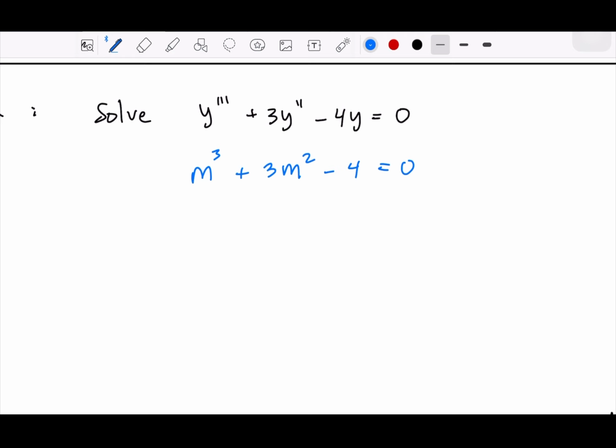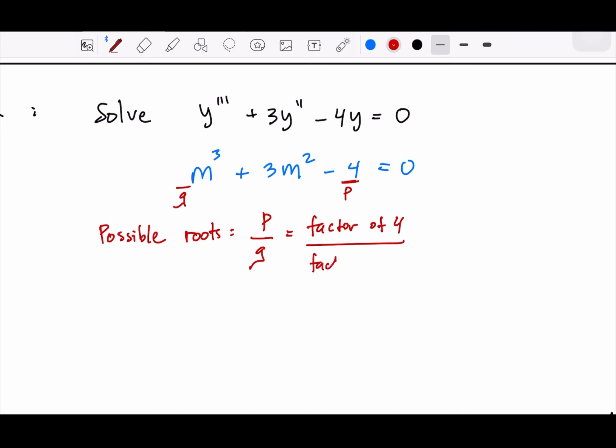Okay. If you remember, in polynomials, we could get the roots from, so let me write the possible roots. If you remember, I usually use this p over q. Okay, so p over q, where p is a factor of 4 and q is a factor of 1, or we could just ignore that.